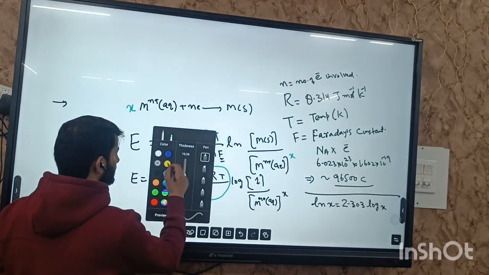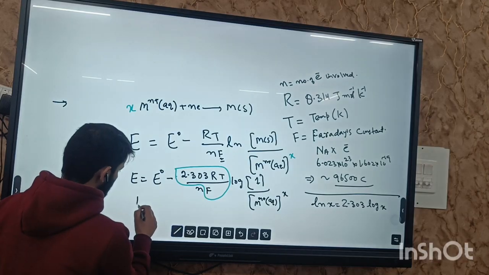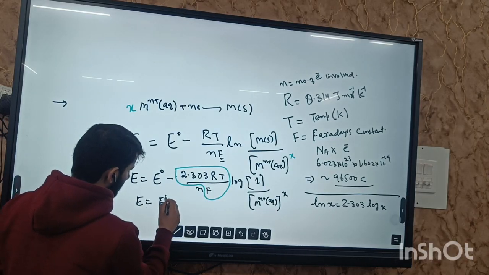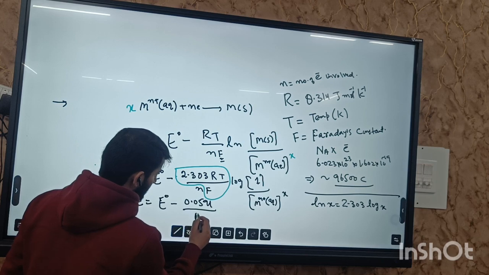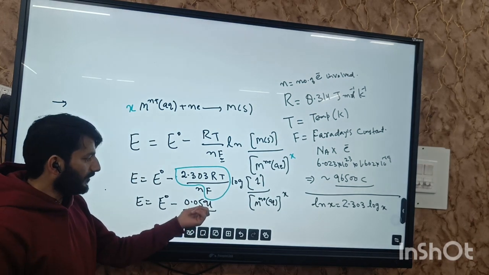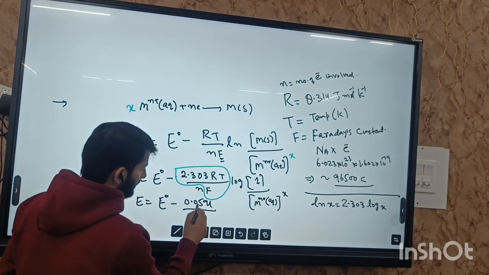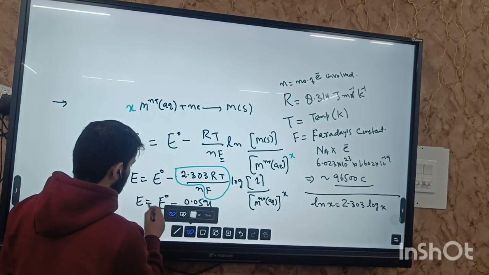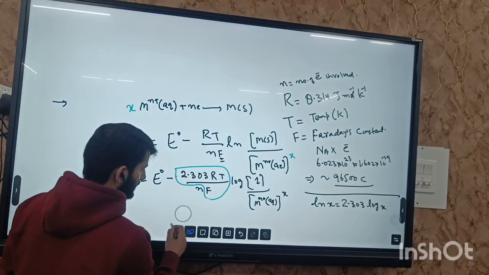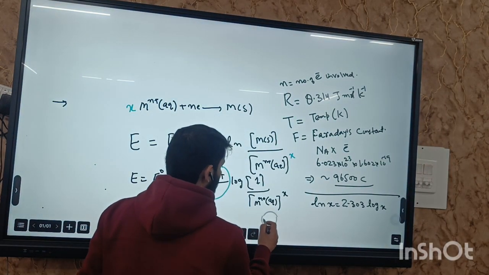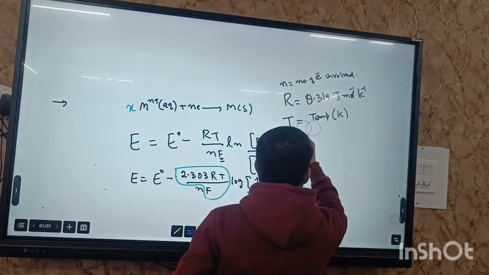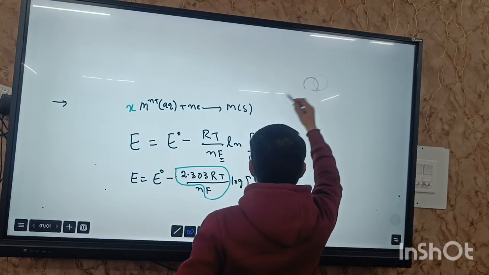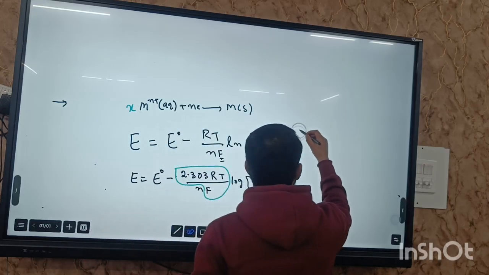We can write E is equal to E naught minus 0.0591 divided by N. This is only possible when you take temperature as 298 Kelvin. Maybe I can just erase all of this so that it becomes clearer.